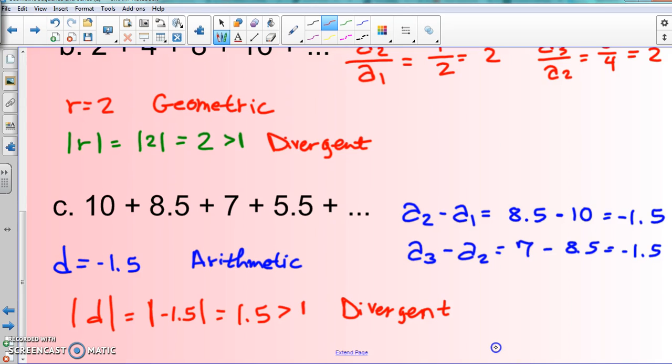Okay, so at that point, that's all you do. You're taking a look at the sequence, and you determine whether it's arithmetic or geometric by finding a common difference or common ratio. If the absolute value of that number is greater than 1, then it's divergent. If it's less than 1, it's convergent. And that's all you've got to do. That's all she wrote.